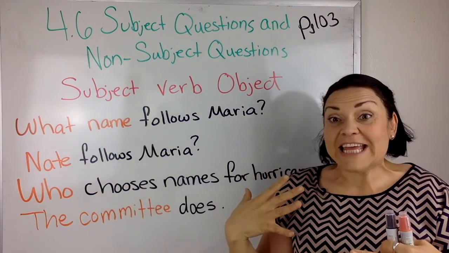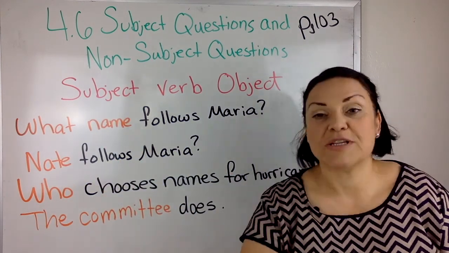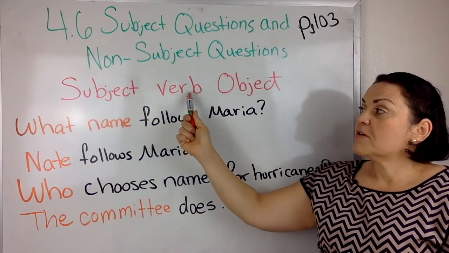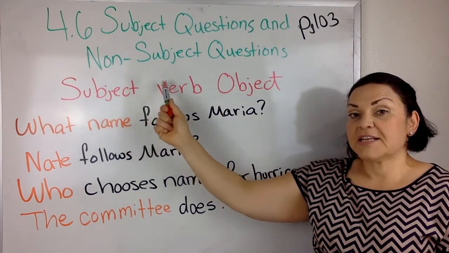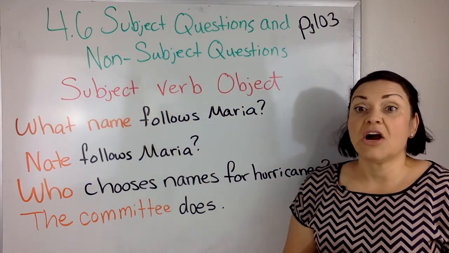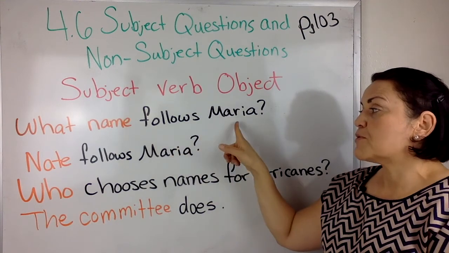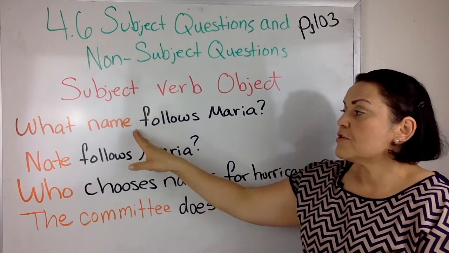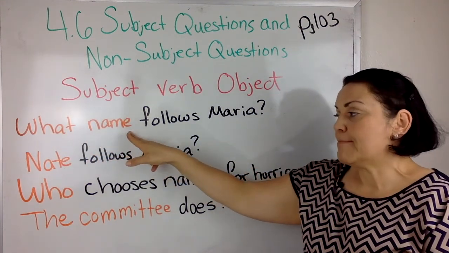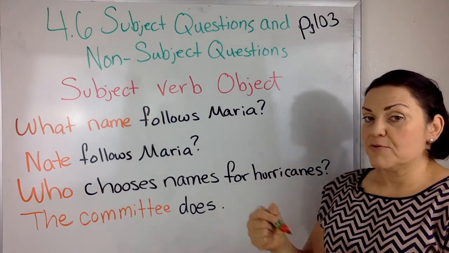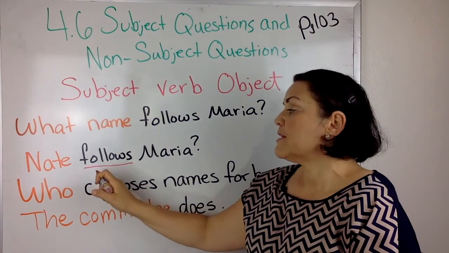So for me, I want you to always look at the verb, because remember the verb, what's in front will tell us the subject, what's in back will tell us the object, right? So what name follows Maria? Okay, so they're asking about what name. And then the answer is Nate follows Maria. So here's my verb.